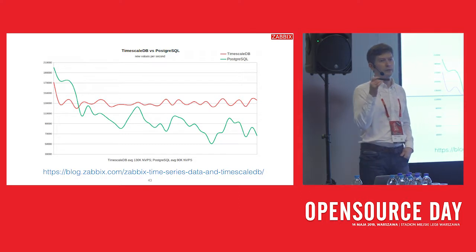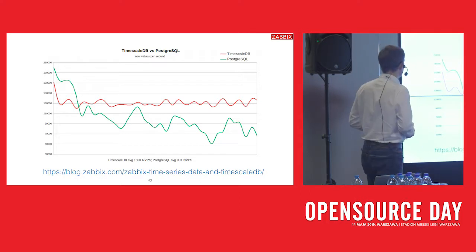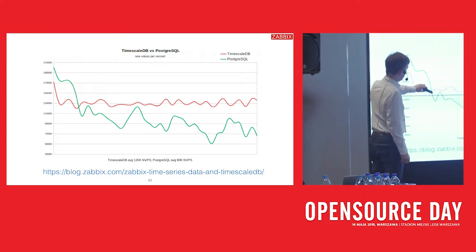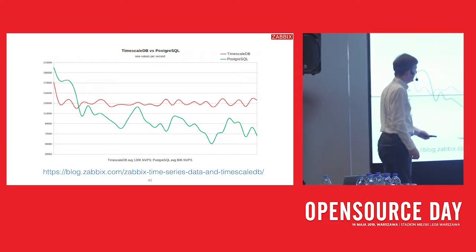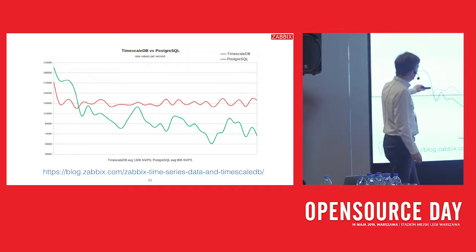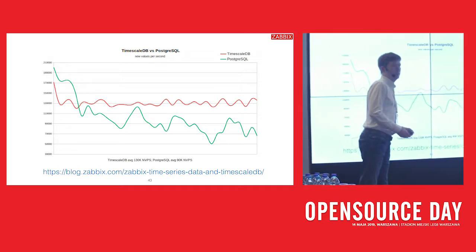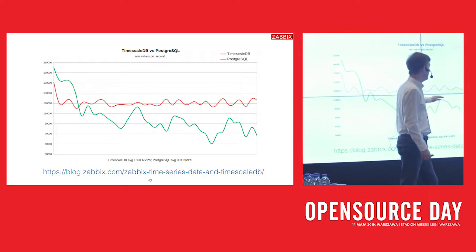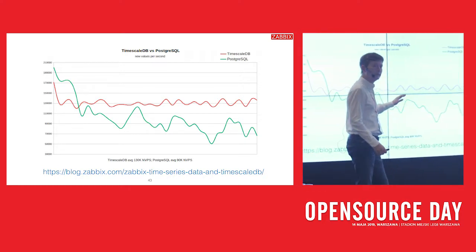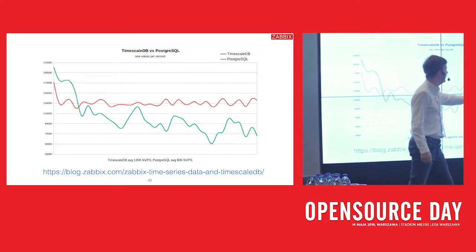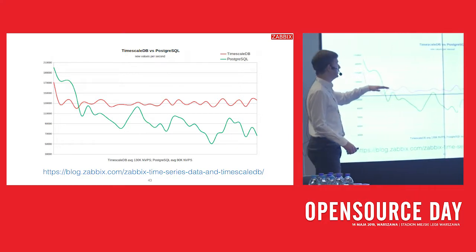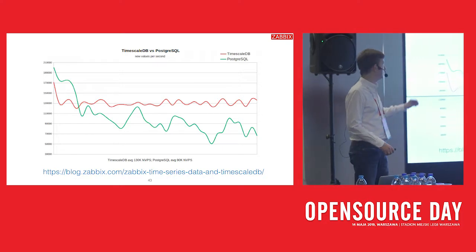As you can see, initially Postgres has some better performance just for a short period of time, but then performance drops. You can see this declining trend. It's slower, and I'm not sure how it will behave later on. Probably there will be even more noticeable slowness.